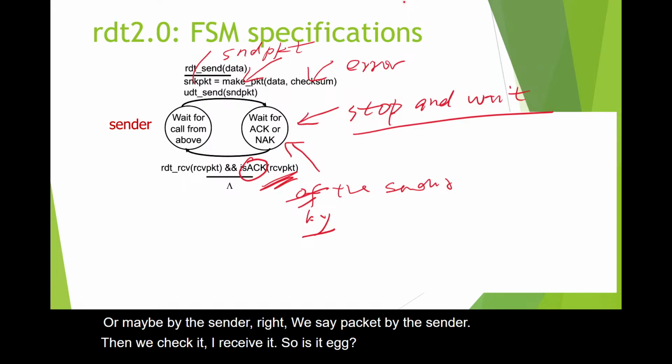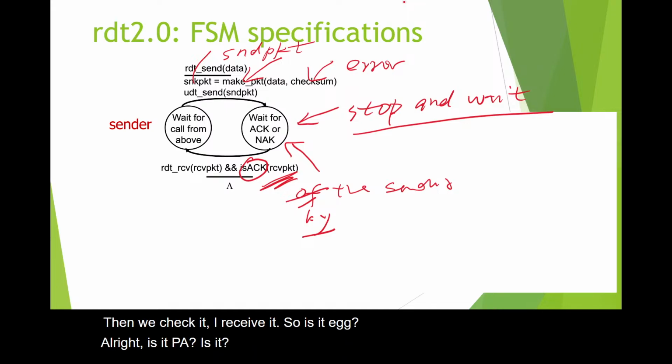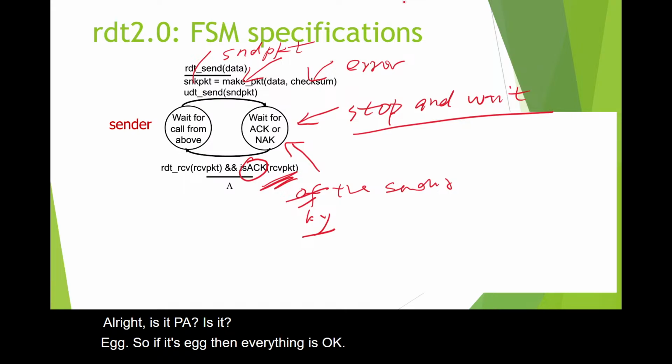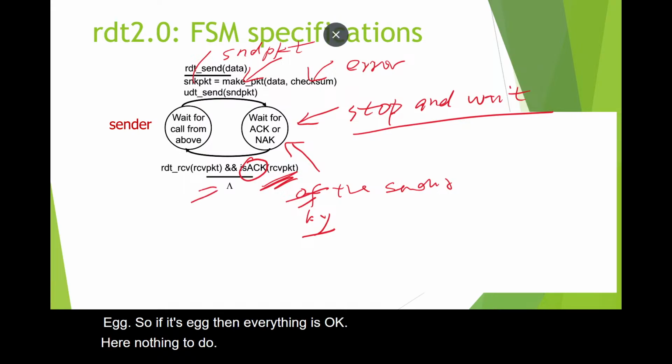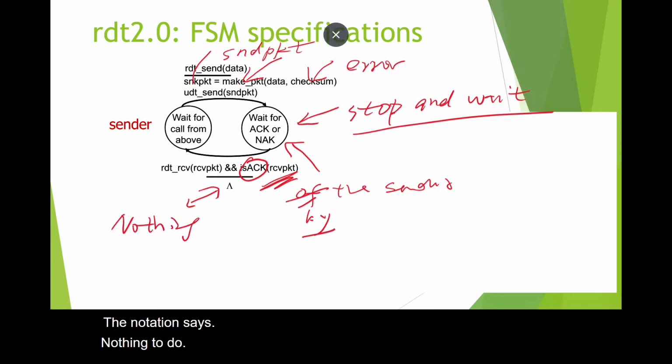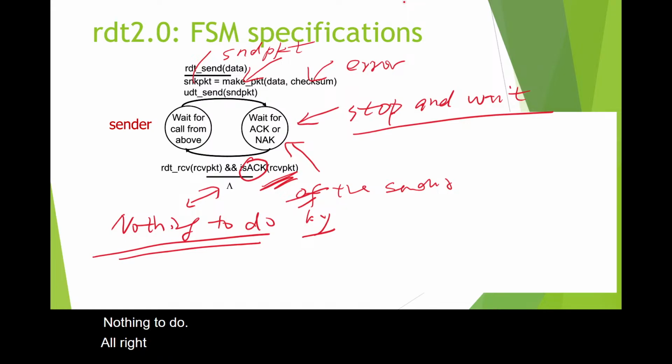All right, is it ACK? So if it's ACK, then everything's okay. Here, nothing to do. The notation says nothing to do. All right, the capital lambda says nothing to do.